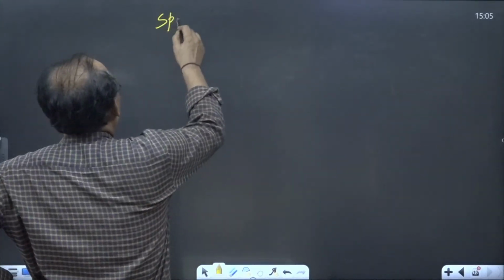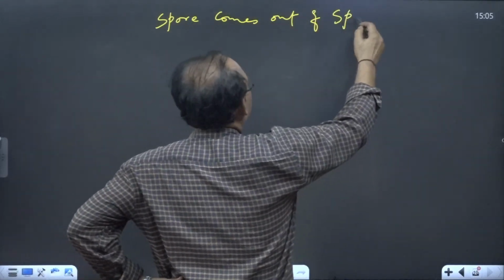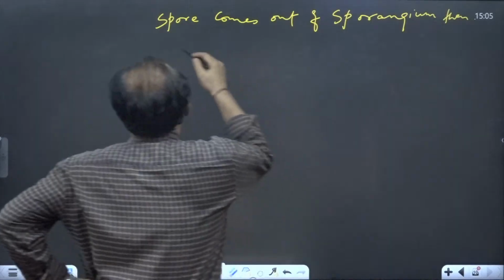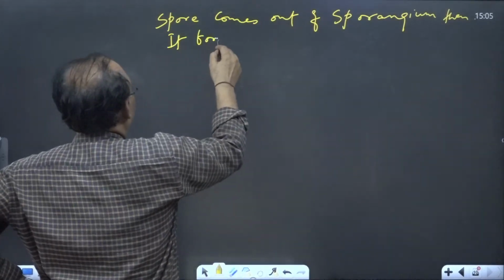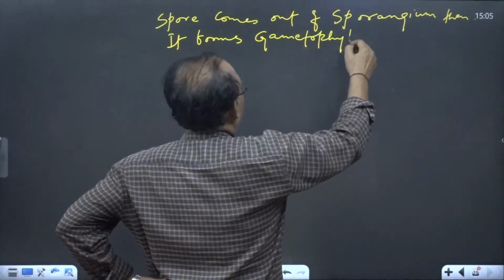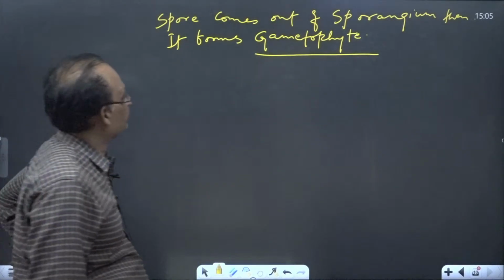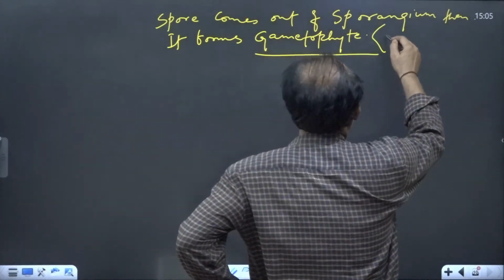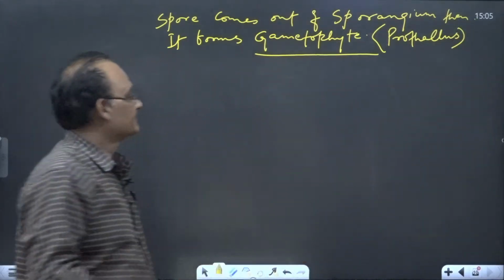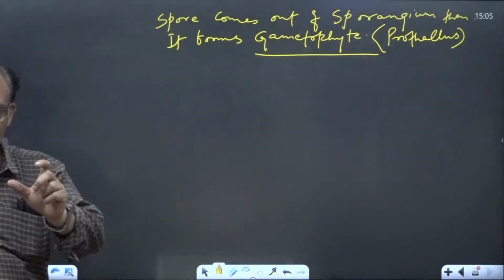Now when the spore comes out of a sporangium, then it forms the gametophyte, right? And the gametophyte is called prothallus. So if somebody asks you what is the gametophyte of fern, the answer is prothallus, right?